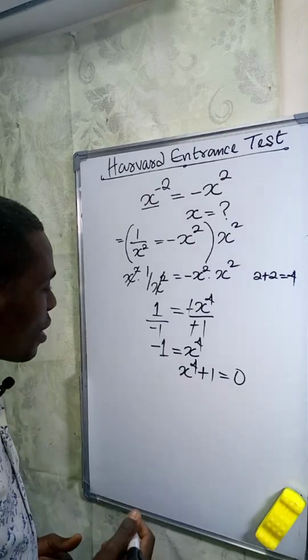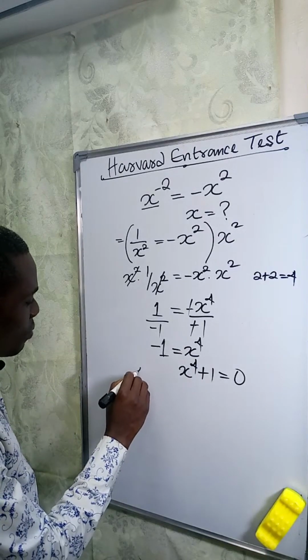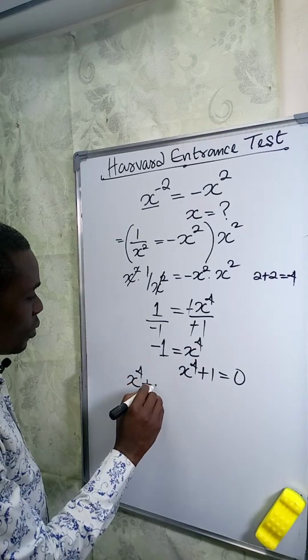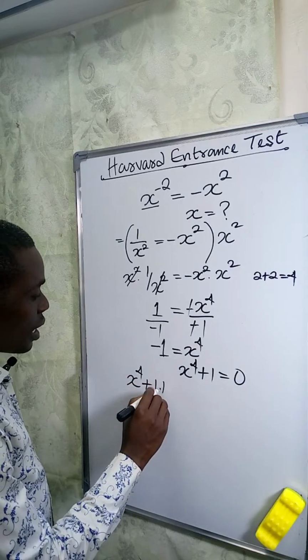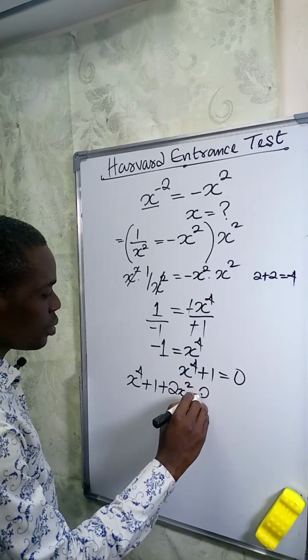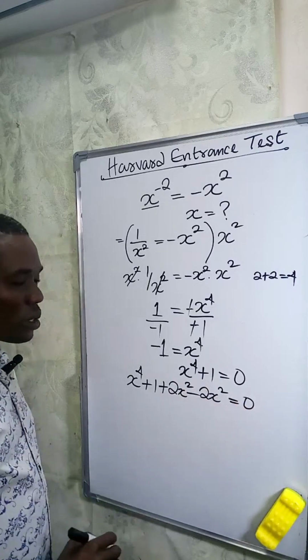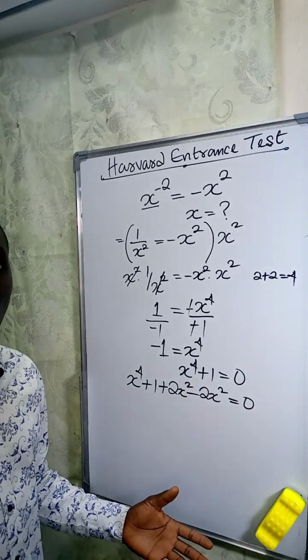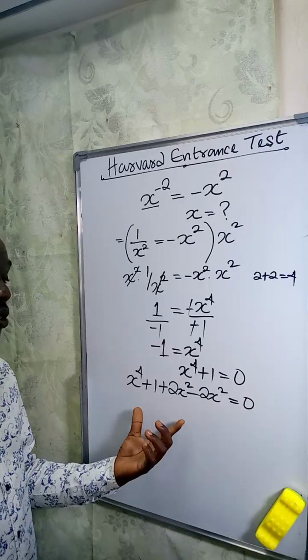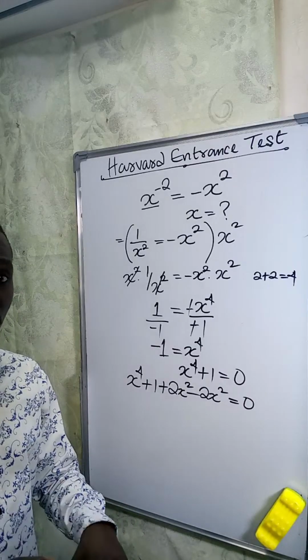Now, what if to factorize, I decide to take x to the power of 4 plus 1, and then I add 2x squared and subtract 2x squared, and make this equal to 0. I've not changed anything. From this expression, you'll find out that we totally did not change anything.